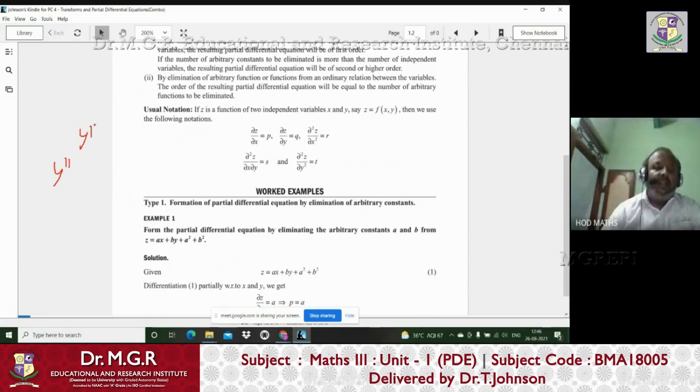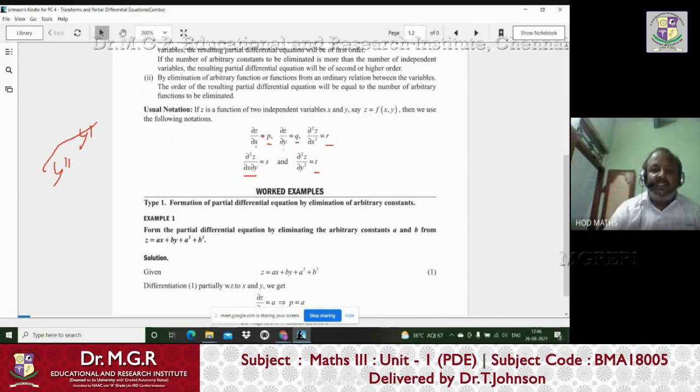But in a partial differential equation they use the small letter p for the first derivative of z with respect to x. Similarly, small q is used for dou z by dou y, dou square z by dou x square is denoted by r, and dou square z by dou y square is denoted by t. Then you may ask, what is this, sir? Dou square z by dou x dou y.